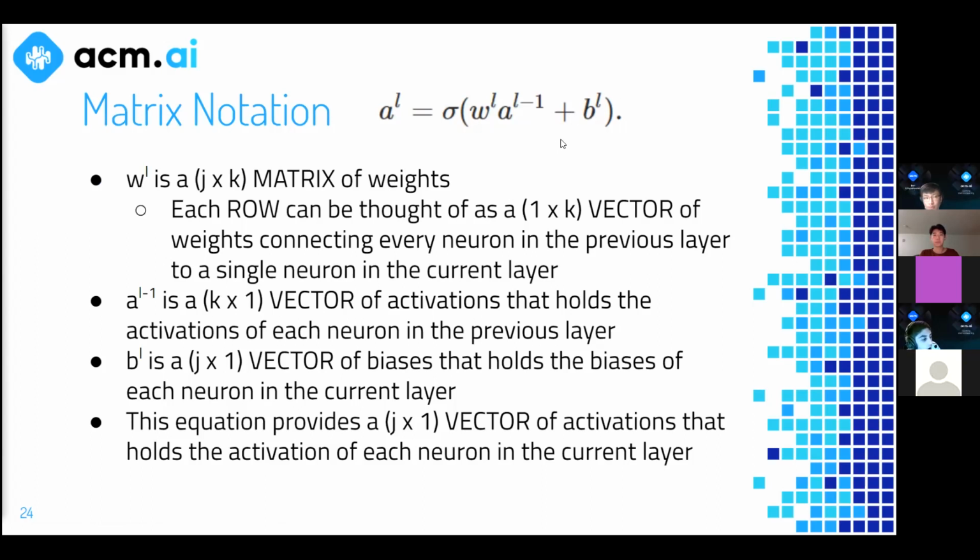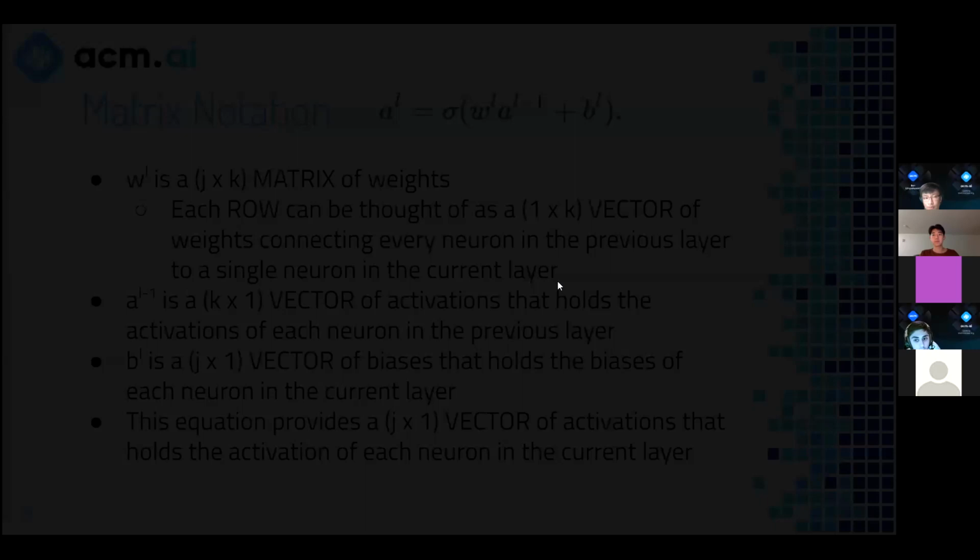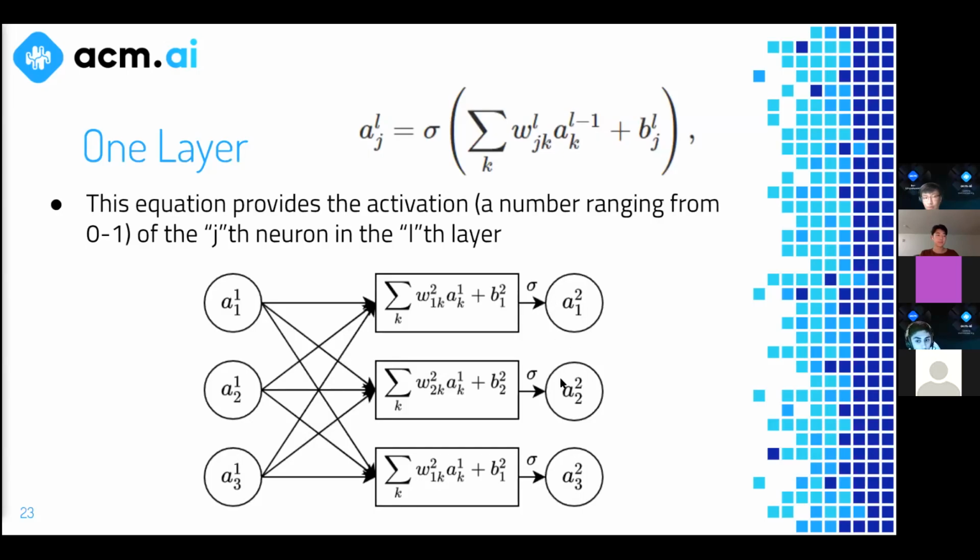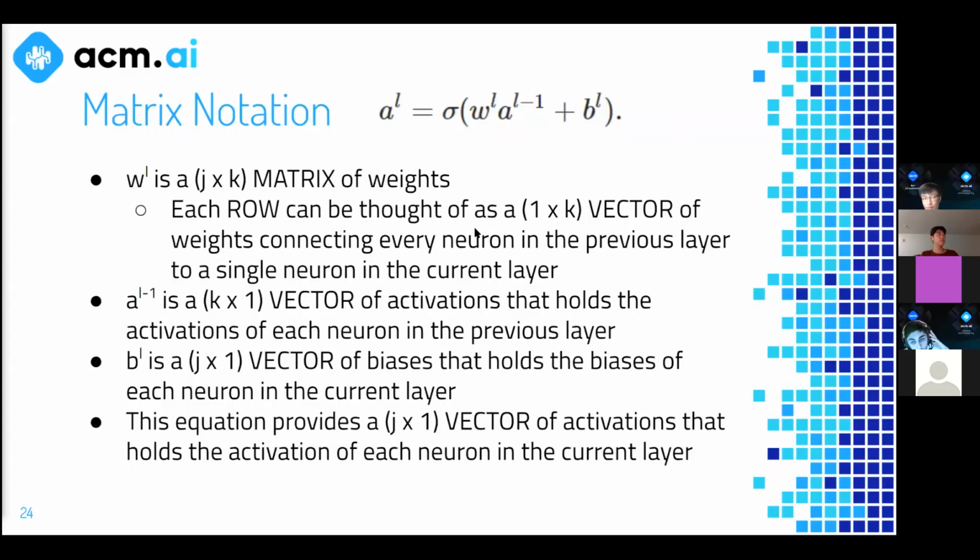But another way of thinking about it is that we said earlier that each neuron has a bias associated with it. So if there are 3 neurons in this layer, there have to be 3 biases being encoded. So this is the formula to compute everything at once.